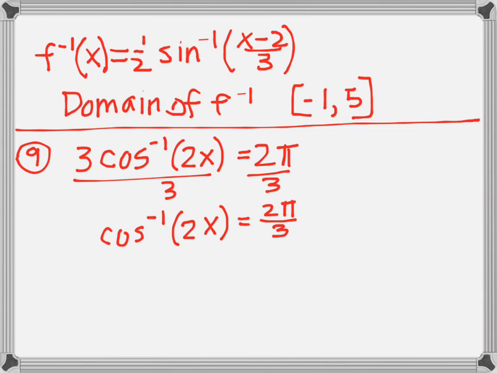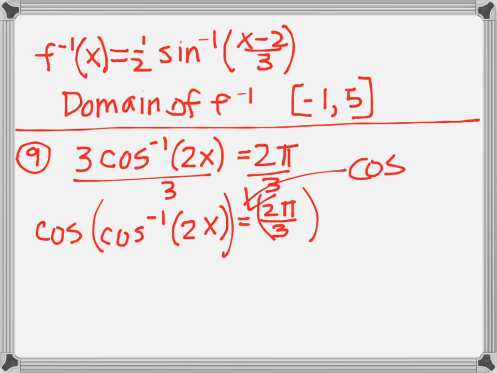And once I've done that, I can rewrite this in terms of cosine. Okay? So what I'm going to do literally is put cosine on both sides. I can't write it in here, but imagine there's a cosine in front of that on the right-hand side. Okay? Provided that there's not a restriction issue, and there isn't, we're going to be able to do what here?